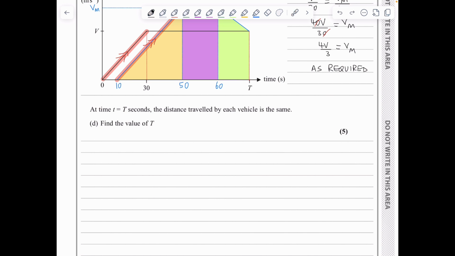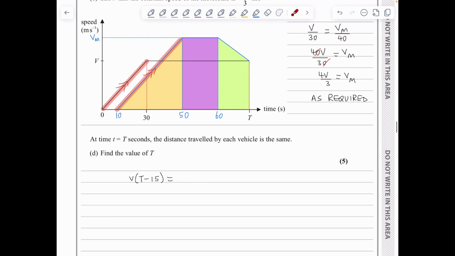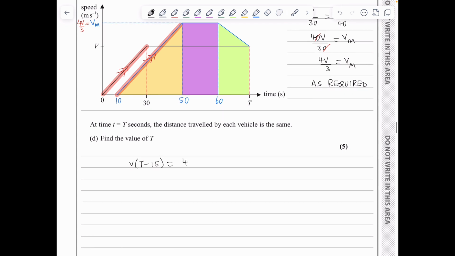So for the car, we already have V times T minus 15, which is equal to the area of the triangle, which has a base of 40 times Vm, where we have found Vm to be equal to 4V over 3. So we are looking at 40 times 4V over 3 over 2, that's base times height over 2, plus for the rectangle, which is a base of 10 times the height of 4V over 3.